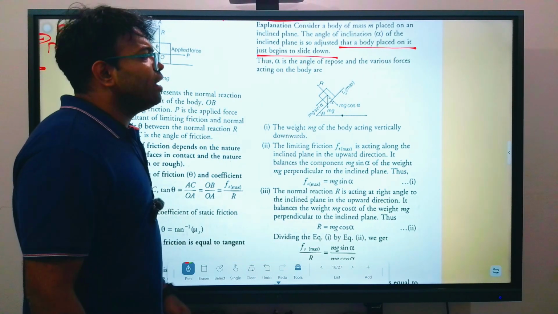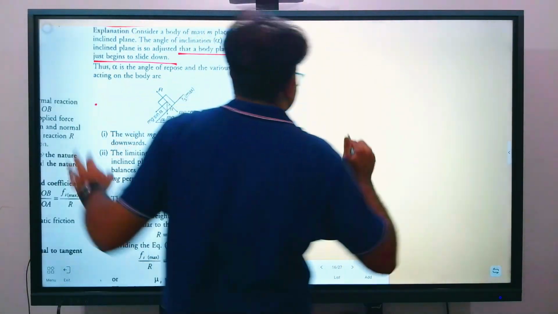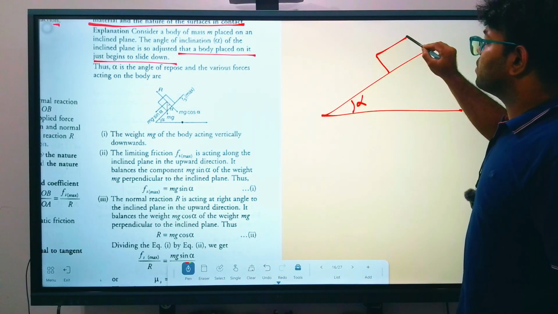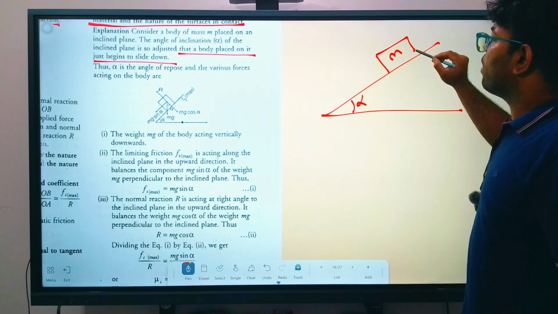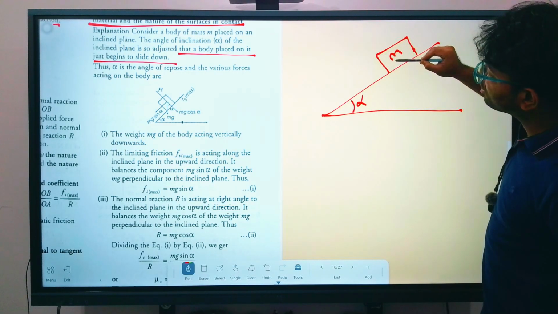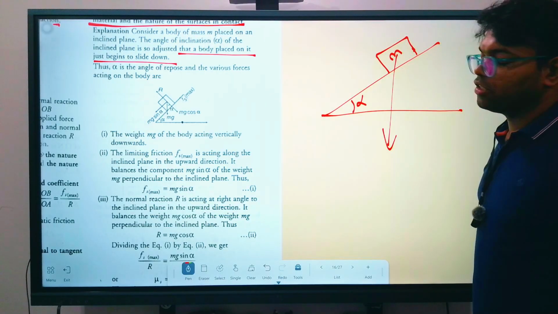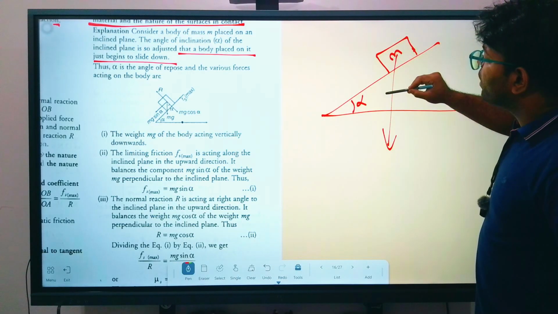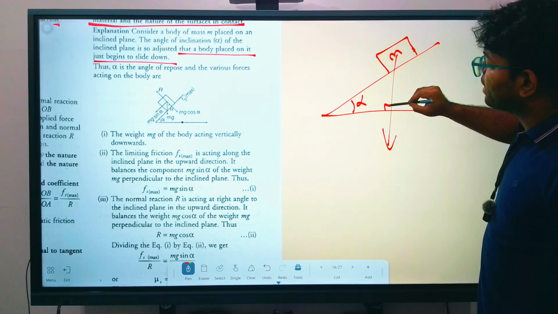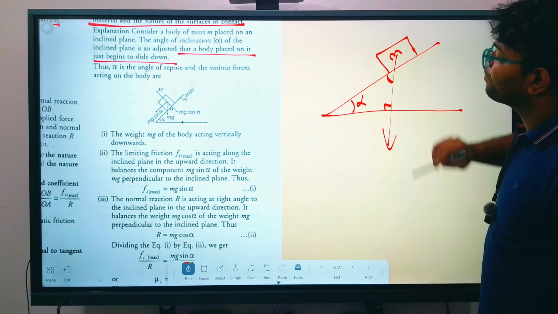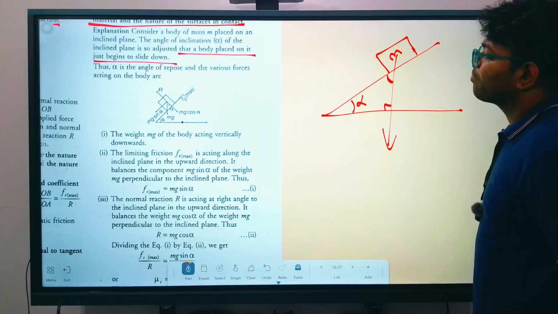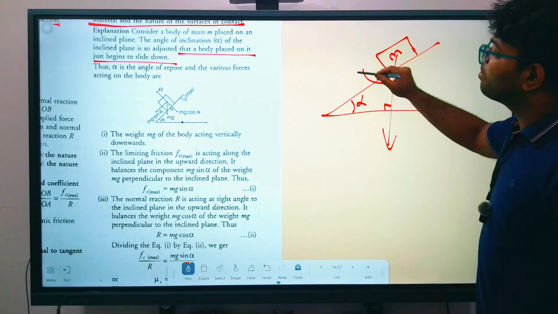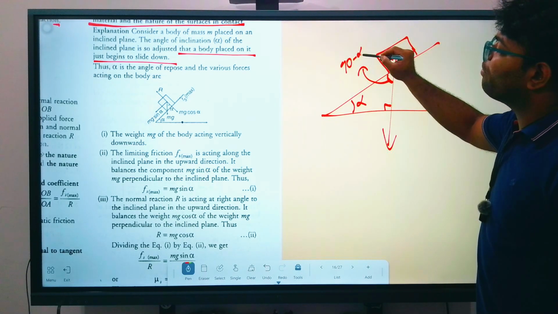Thus, alpha is the angle of repose, and the various forces acting on the body are what? Let's redraw this. You have an angle alpha here. This is a body of mass m. Now, the mg value will still be straight downwards. If this is alpha, and this is 90 degrees, Drupad, what angle will this be? This becomes 90 minus alpha, right?